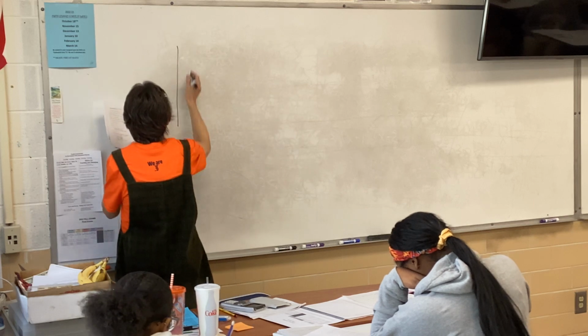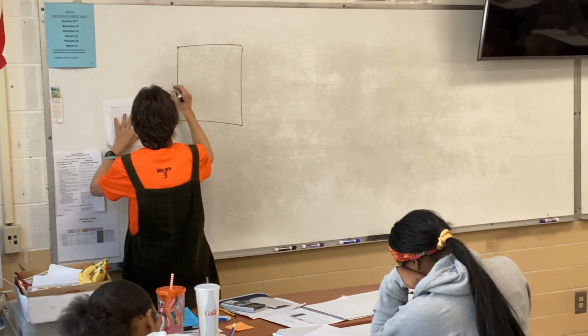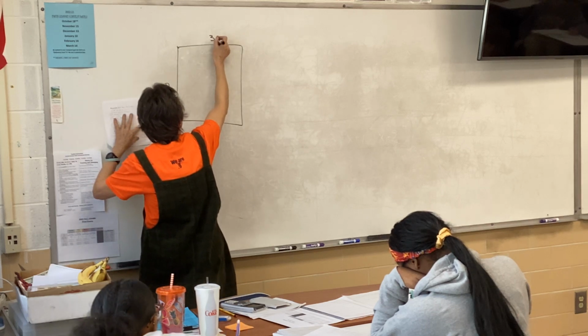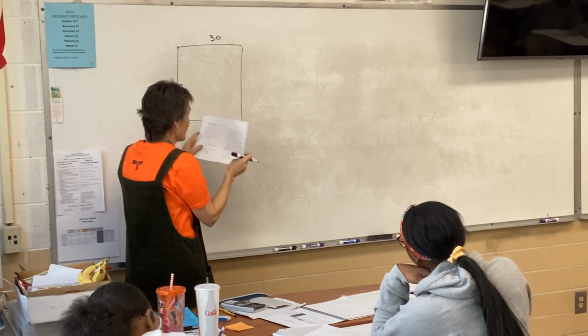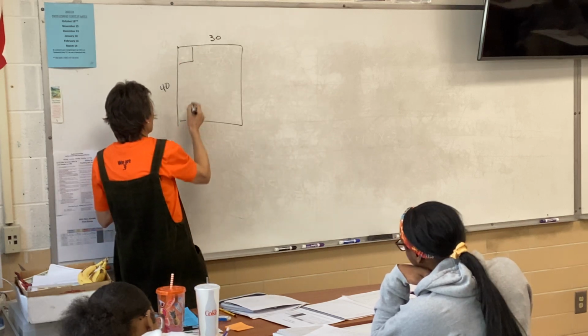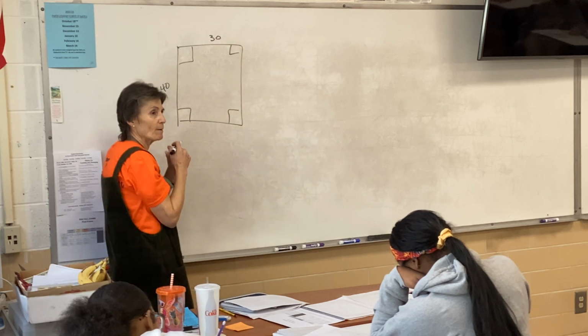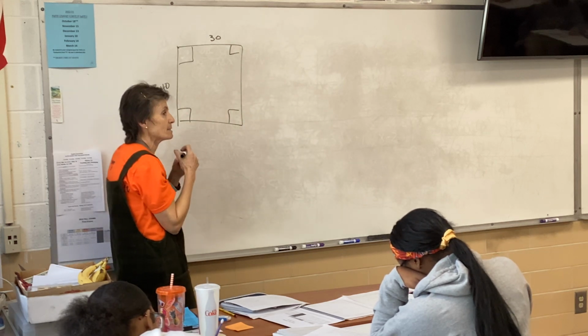So we have a box being made out of a piece of paper that's 30 by 40. We haven't done this for a while, but you remember we cut the corners out and fold up the flaps, right? That's how we build these things.